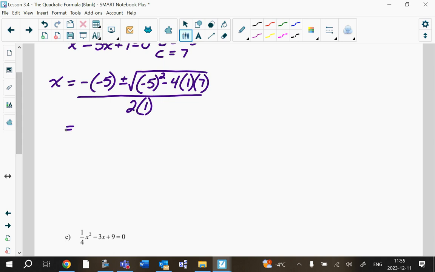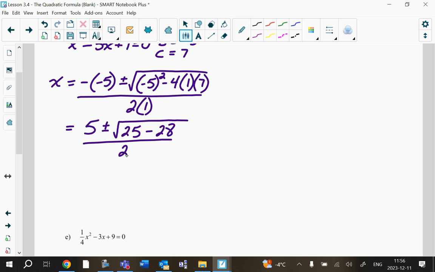Well, negative negative 5 becomes positive 5 plus or minus, what's negative 5 all squared? Minus, what's 4 times 1 times 7? 28, all over 2.